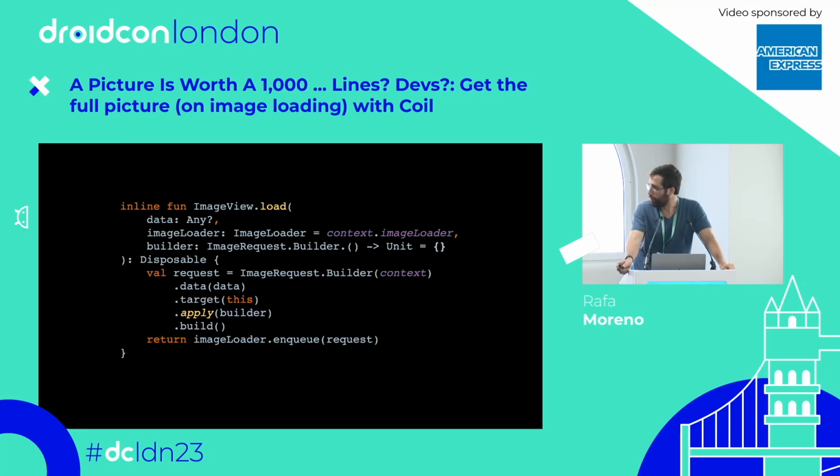Then we have our builder lambda function that is able to take in different configuration points that allow us to customize what it is that we want out of the library. And the magic actually happens when we enqueue that image loader. This is going to return a disposable that we can handle separately in our activity or wherever it is that we need to, if needed. But the image loader enqueue actually kicks off the pipeline.